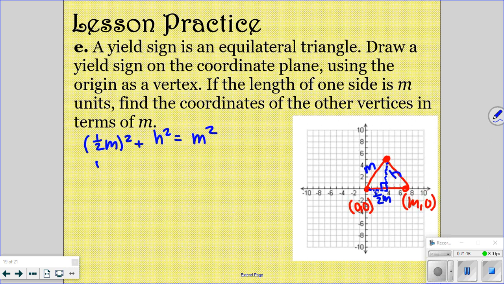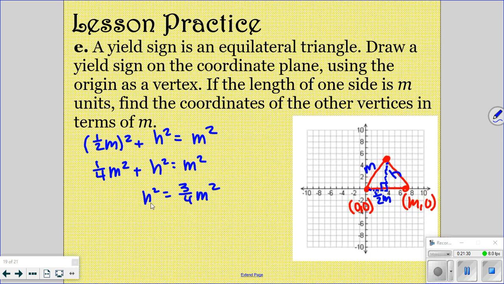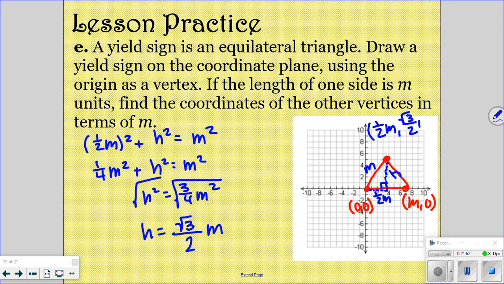So this would be 1/4 m squared plus h squared equals m squared. And then if you subtract, you get 3/4 m squared. And then take the square root of both sides. And your height will be the square root of 3 over the square root of 4. We know how to reduce that: the square root of 4 is 2, and then the square root of m squared is m. So the other vertex would be 1/2 m, and then square root of 3 over 2 m. So that's how you would do that one.